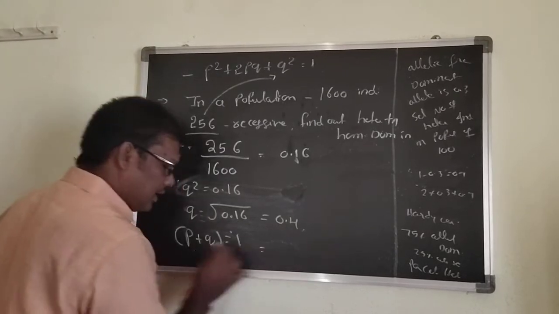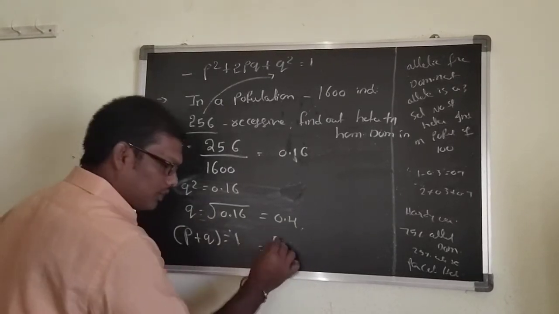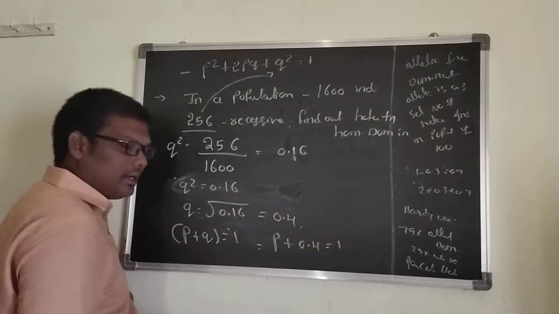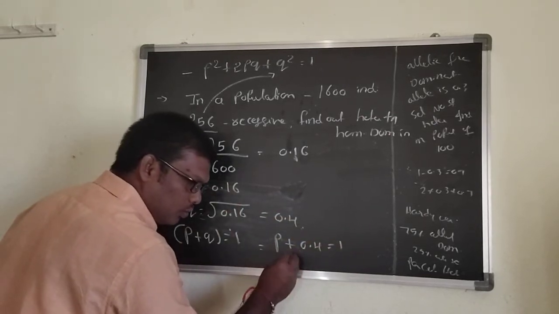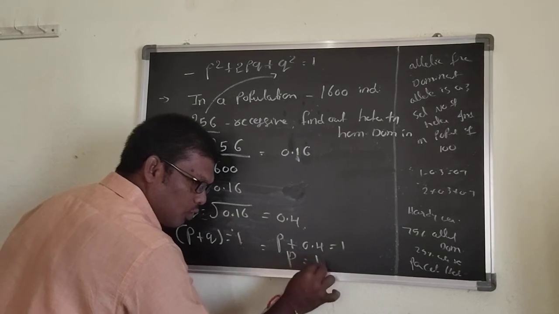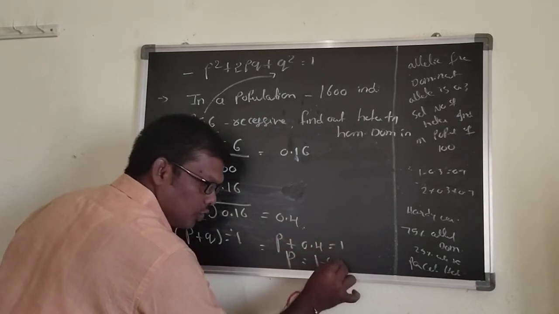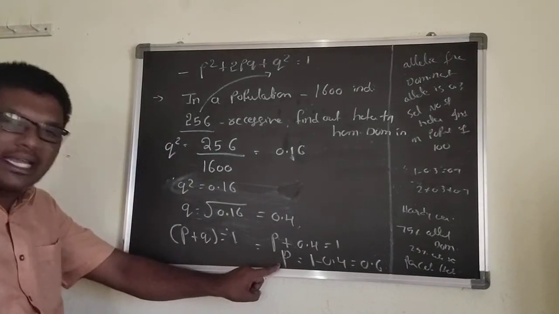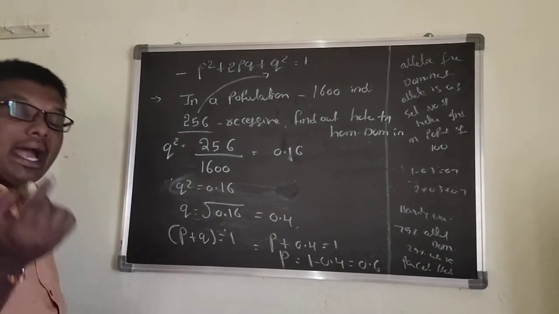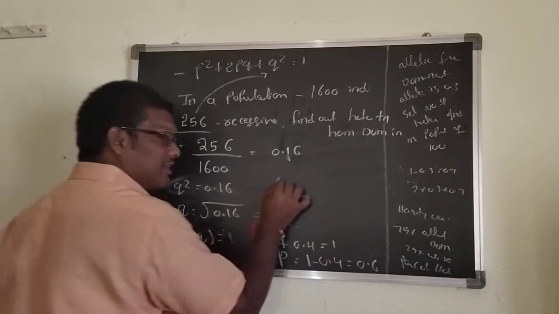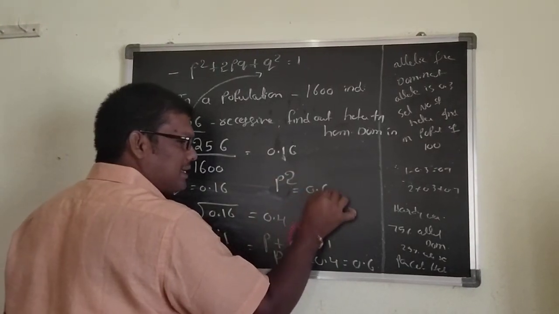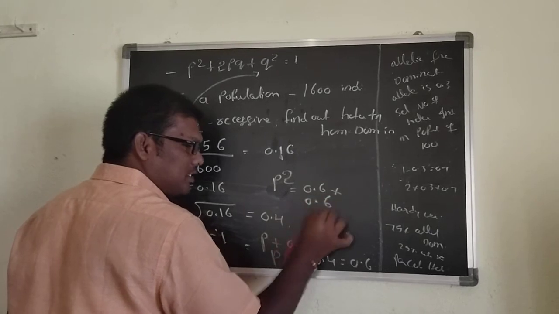Here q is 0.4, so p plus 0.4 equals 1, and p equals 1 minus 0.4, which is 0.6. p is the allele frequency. I need the genotypic frequency, which is p square, so 0.6 into 0.6.